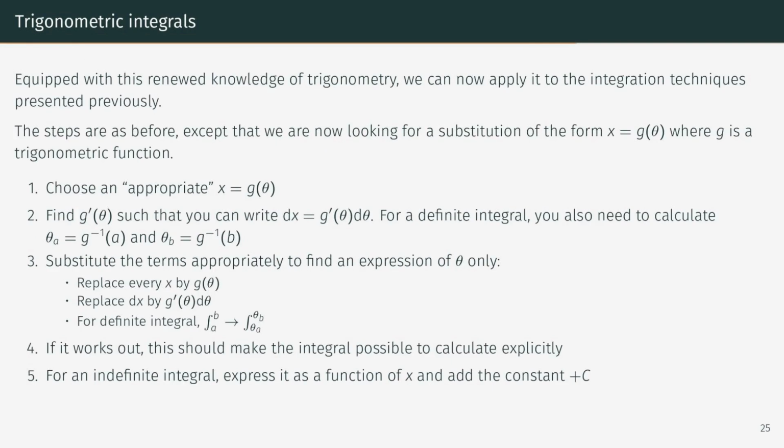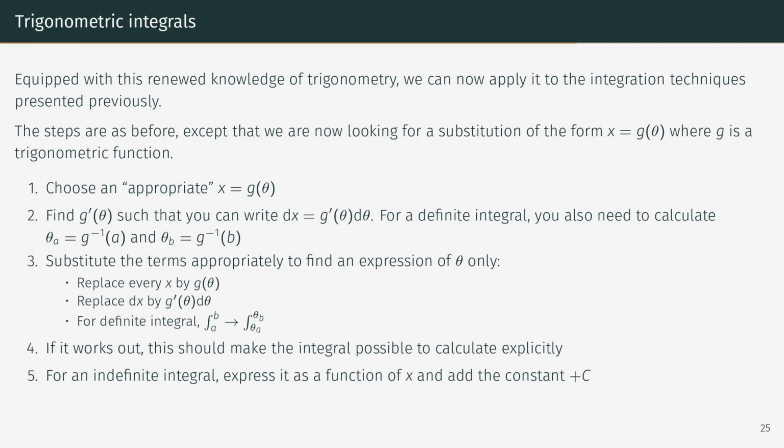Equipped with this renewed knowledge of trigonometry, we can now apply it to the integration techniques we previously discussed. The steps are as before, except we are now looking for a substitution of the form x equals g of theta, where g is a trigonometric function.